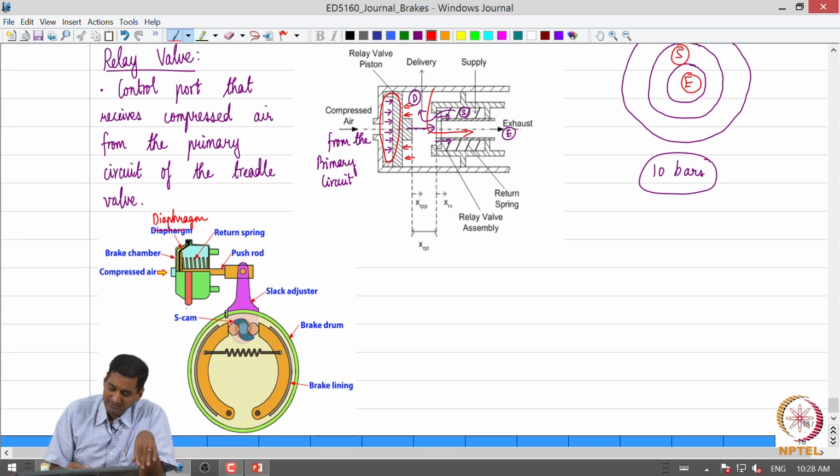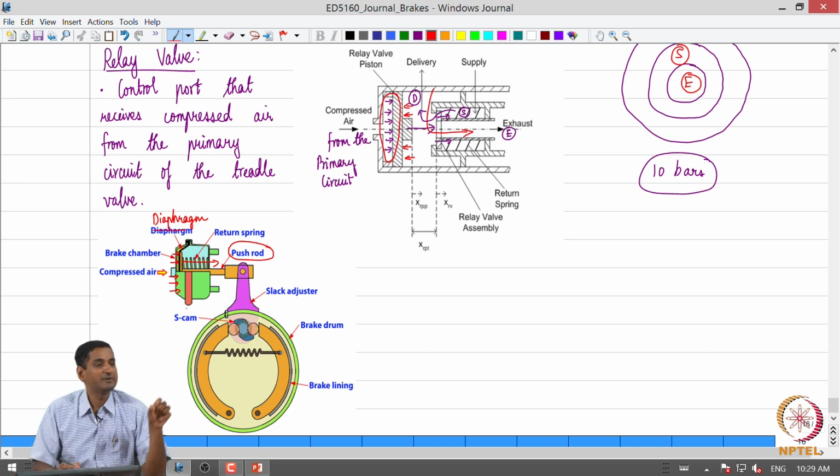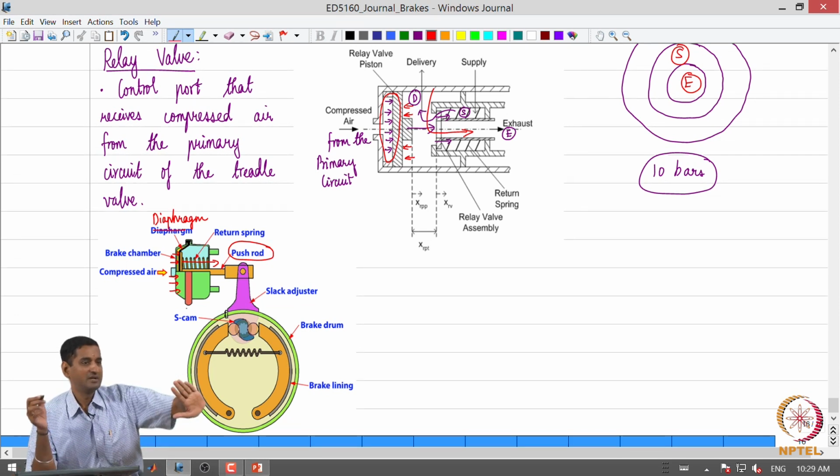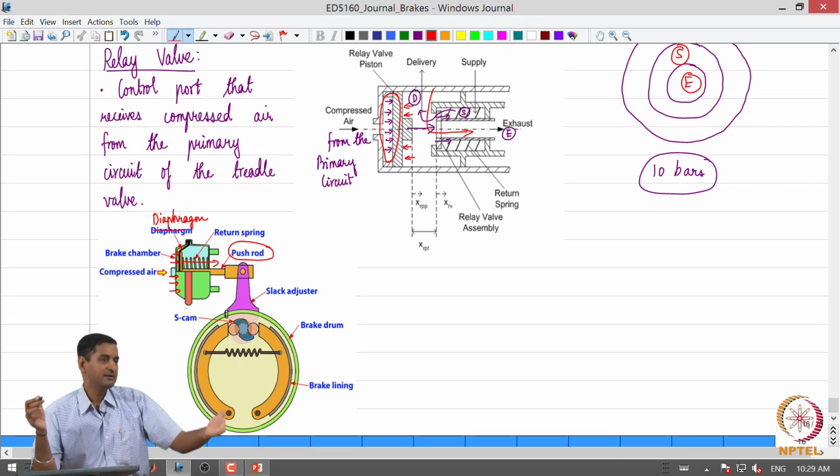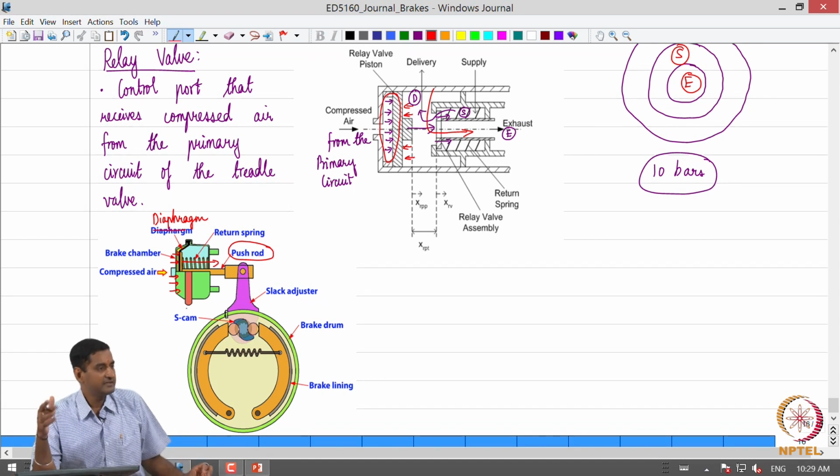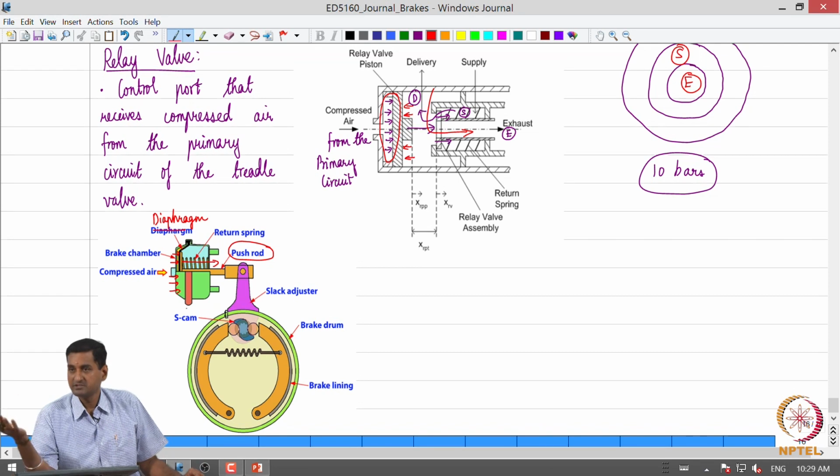When the compressed air enters, the air pressure acts on this side of the diaphragm and displaces it, and the diaphragm is attached to a component called the push rod. The push rod is a rod which is pushed out of the brake chamber when the compressed air enters, and it generates a mechanical force.